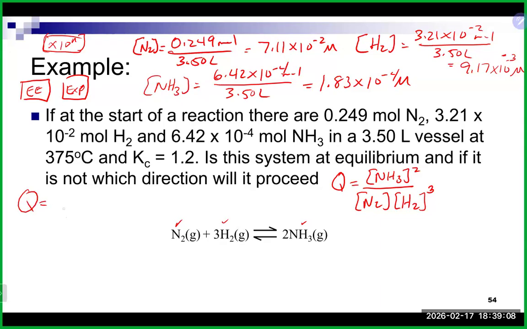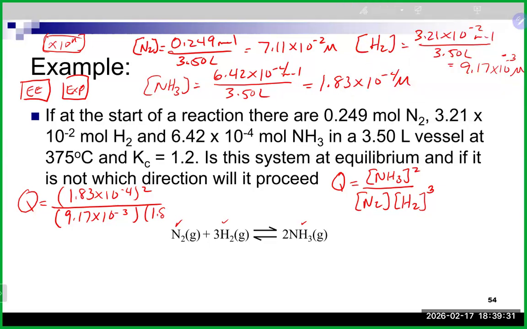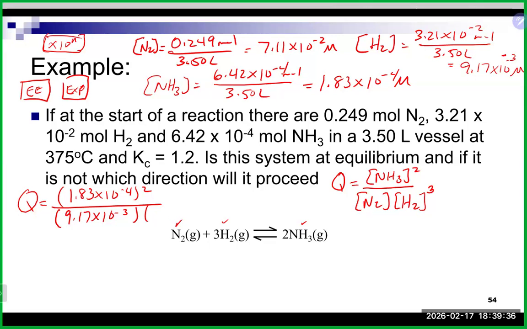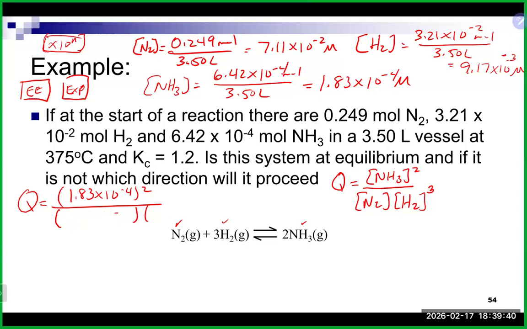Q is equal to our NH3, which is 1.83 times 10 to the minus 4 squared, divided by our N2 and our H2. I've got to do that one backwards there. So H2 needs to be cubed. I'll pop it in the right spots. There we go.